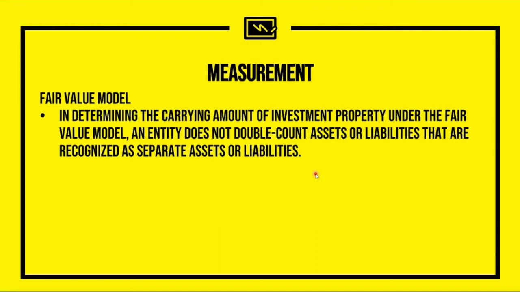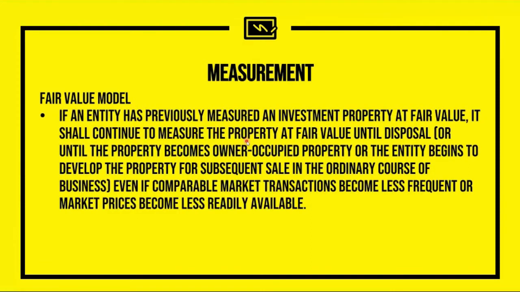But items that are not integral to the valuation of the investment property should be separated from the valuation. So that's basically what it means. That's what we mean by double counting assets or liabilities. So from there, let's proceed.